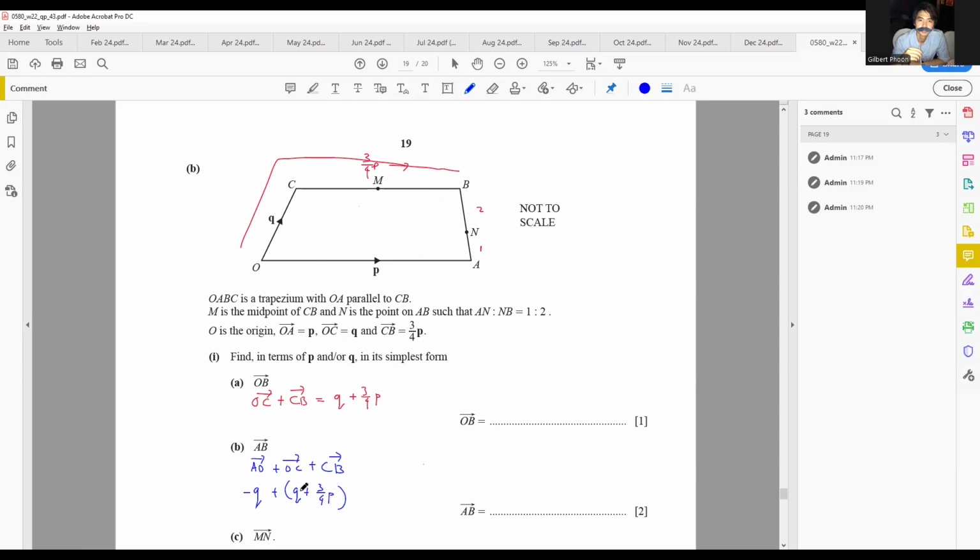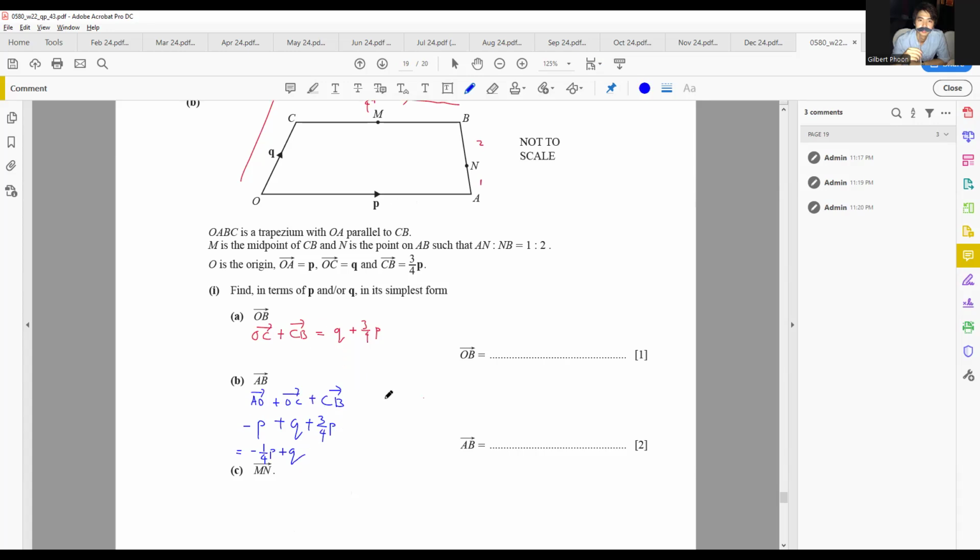Sorry, this is P, not Q. So negative P plus Q plus 3 over 4P. Therefore, your final answer should be negative 1 over 4P plus Q, right?